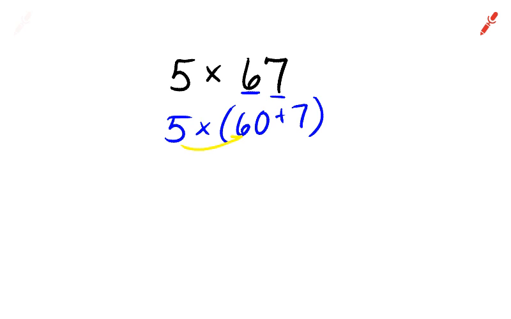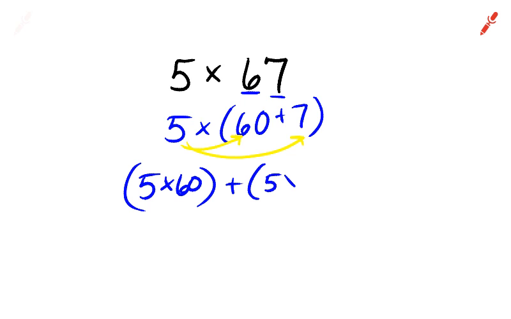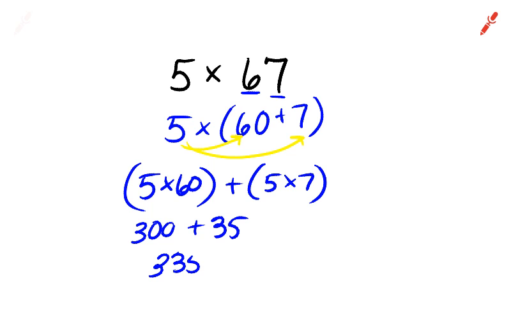We're going to have to give the 5 to the 60 and to the 7, okay, so that's going to be 5 times 60 plus 5 times 7, those are our partial products. 5 times 60, 5 times 6 is 30, and then we have an extra 0, so it's 300. 5 times 7 is 35, making our answer 335.